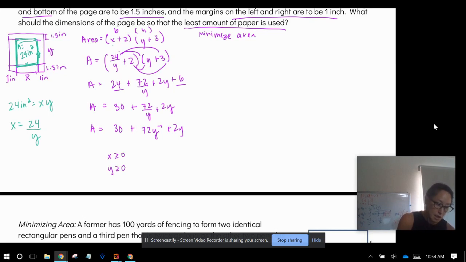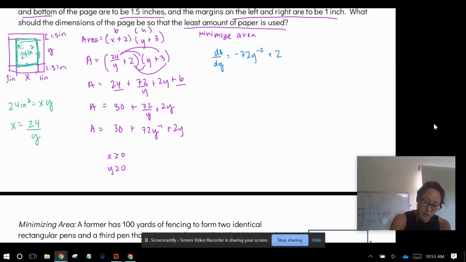Okay. Next up, we take the derivative. Since I have my primary equation here, I'm going to take the derivative to use the first derivative rule. So we're taking the rate of the area with respect to y. So I get, let's see, derivative of 30 is 0. Then I get negative 72y to the negative second power plus 2.